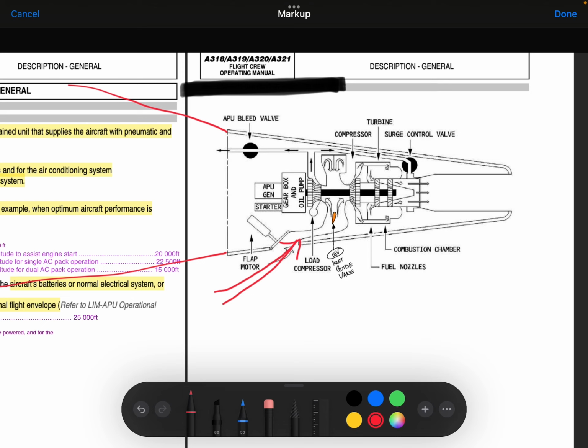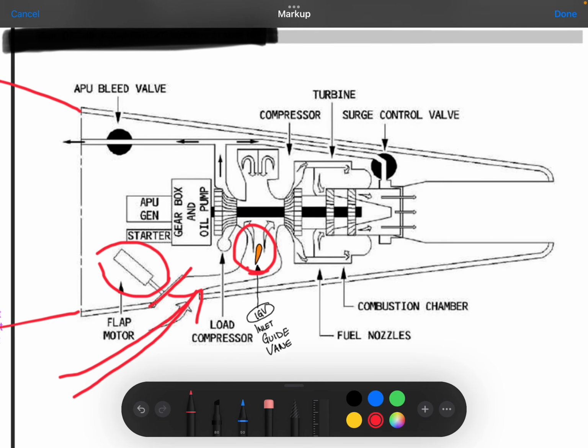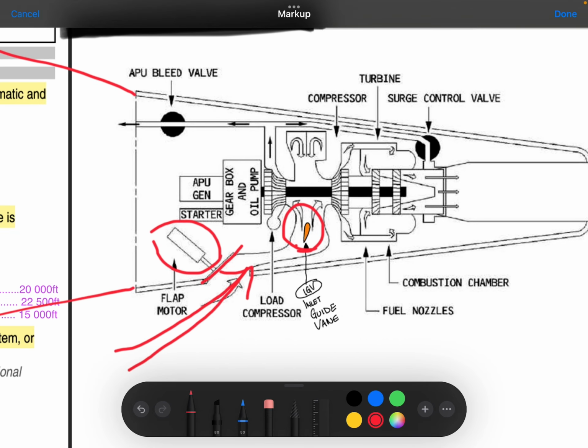This is the flap motor and this is the flap which closes and opens. Then this is the IGV. This is the load compressor. We have only one compressor. This is the turbine.